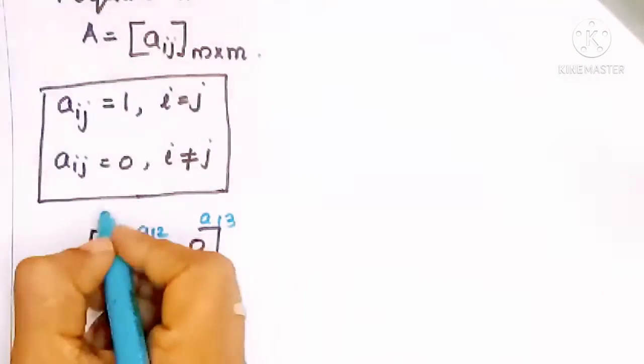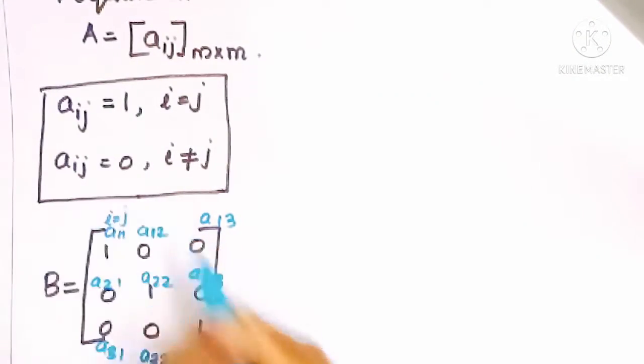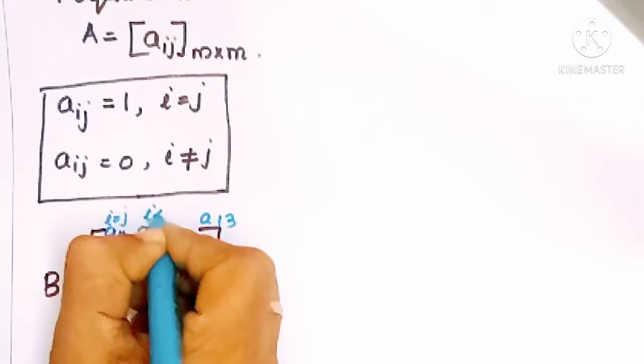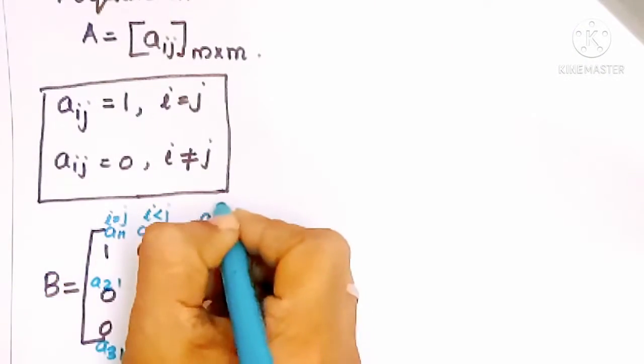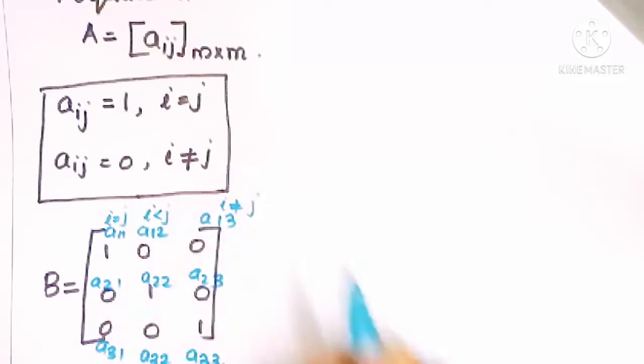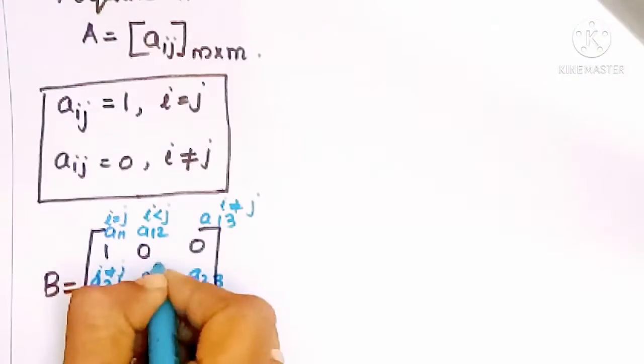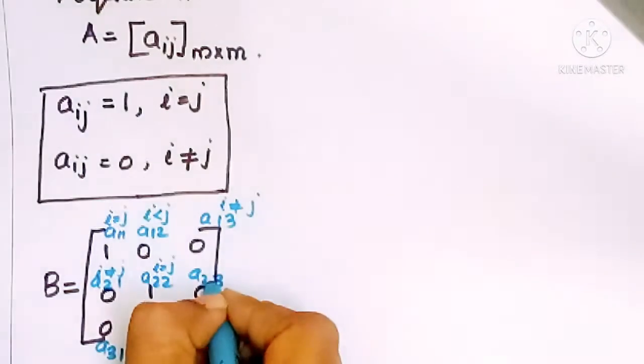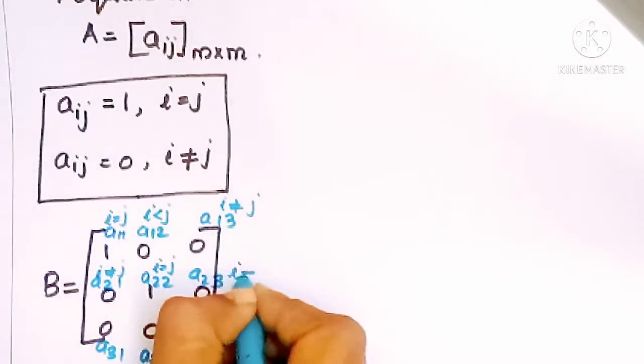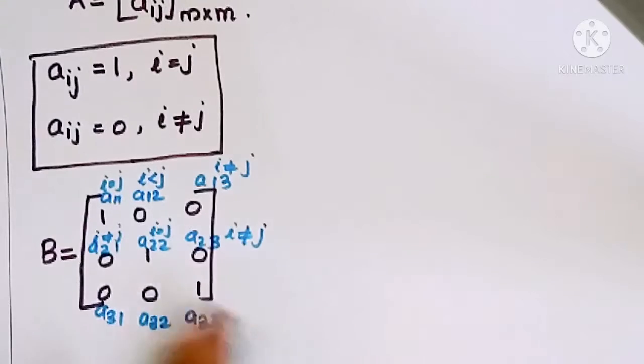Here A11, i is equal to j. Here i less than j, so i not equal to j. Here also i not equal to j. Here i is equal to j. Here also i not equal to j. Here also i not equal to j. Here i not equal to j.